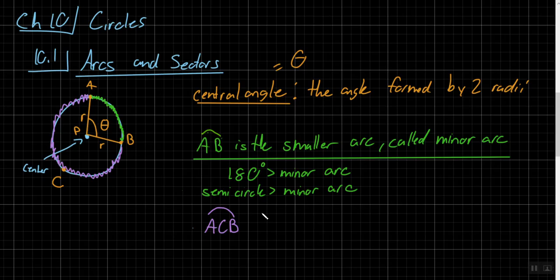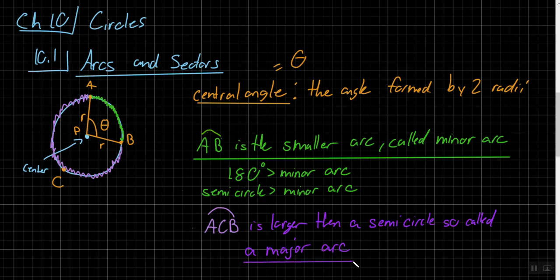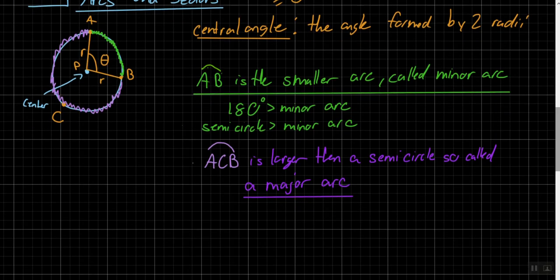So ACB is larger than a semicircle, so it's called a major arc. A major arc is always larger than a minor arc.